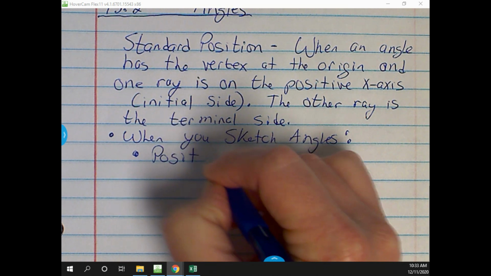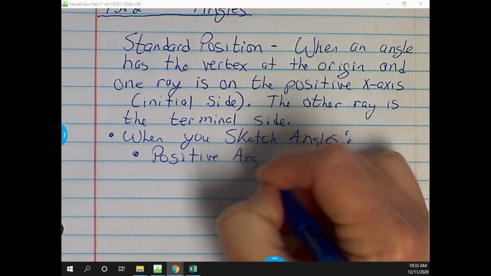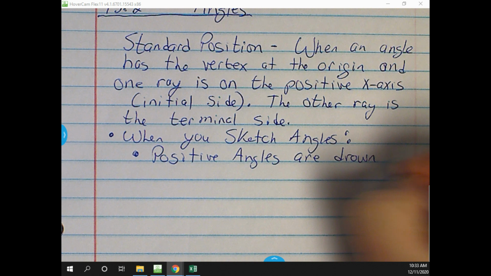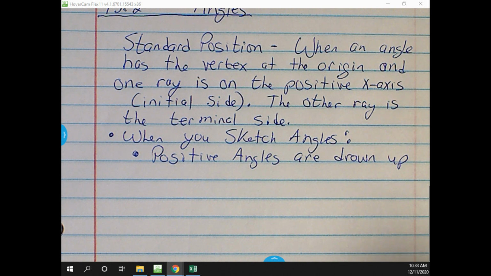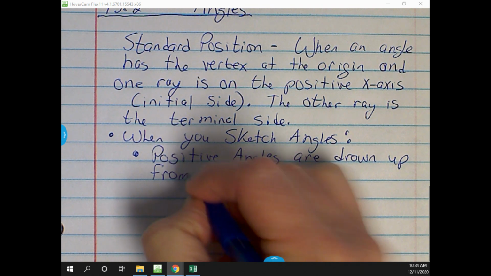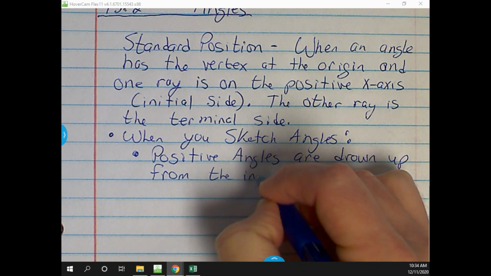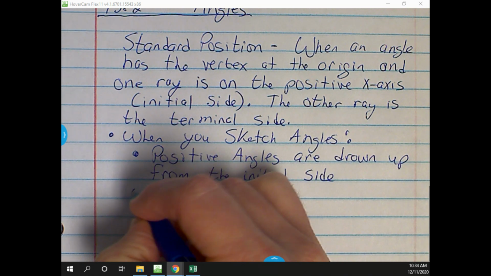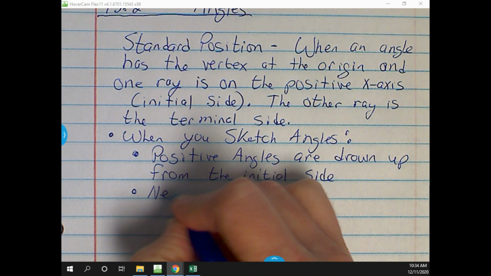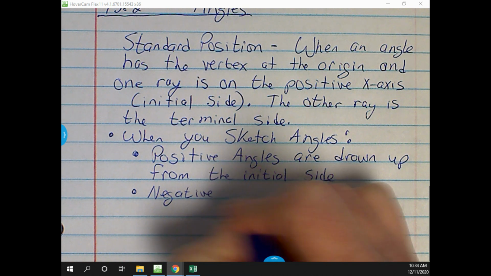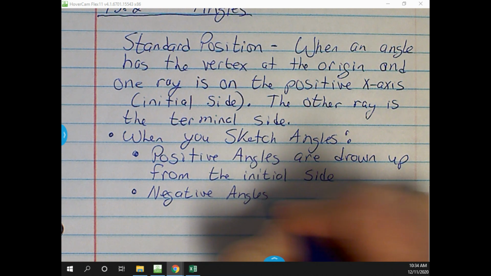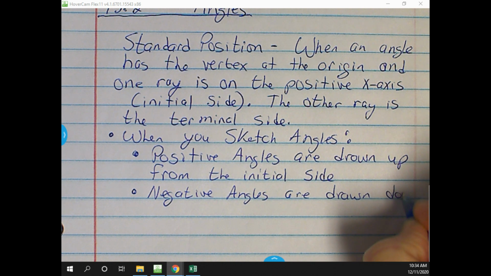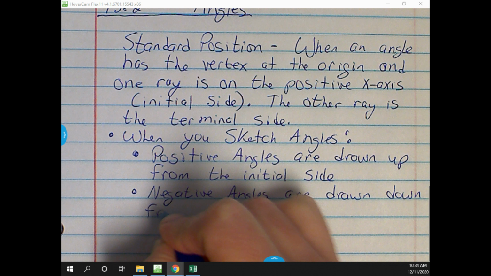Positive angles are drawn up from the initial side. And negative angles are drawn down from the initial side.